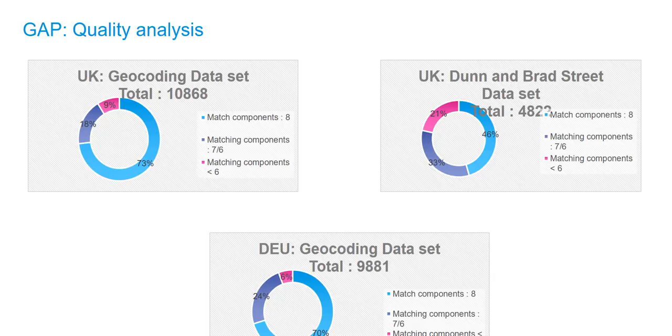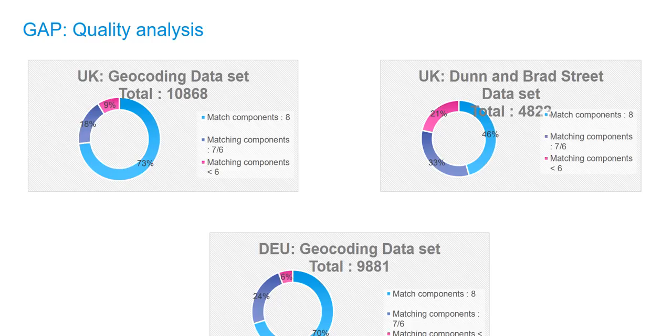Now, this slide is basically the evaluation of the ML system on different data sets. On the geocoding data set, which had about 11,000 addresses, the machine learning model was able to parse 73% of these addresses.